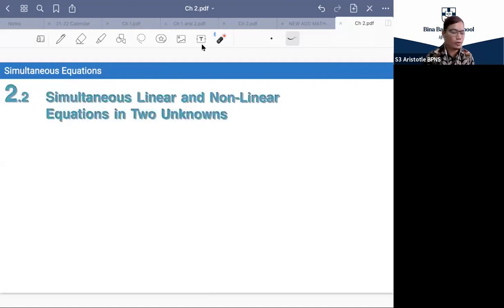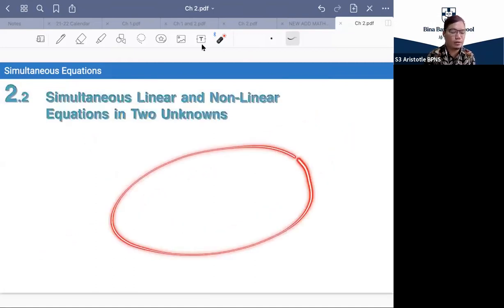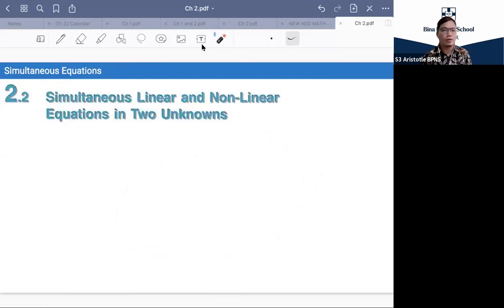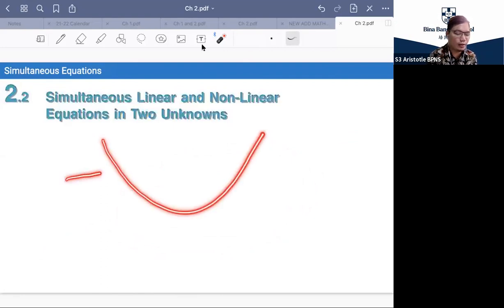Of course, if it's linear, it's a line, right? But if it's non-linear, it's either a curve or it can be a circle. So what if a curve and a line intersect?